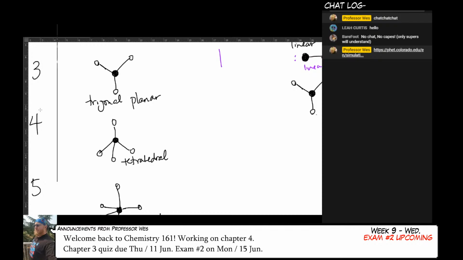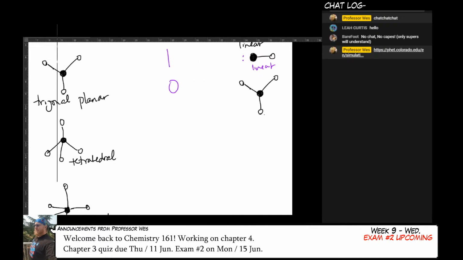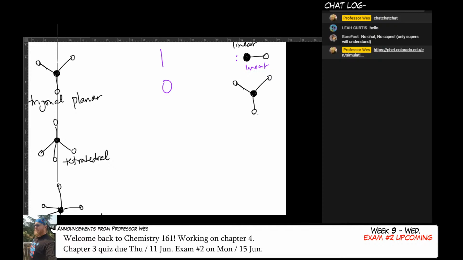All right. So for 3, if I have no electron pairs for 3 electron groups, then the shape that I'm going to get is just the default shape, which is this one. But let's suppose that I removed one of them and turned it into an electron pair.